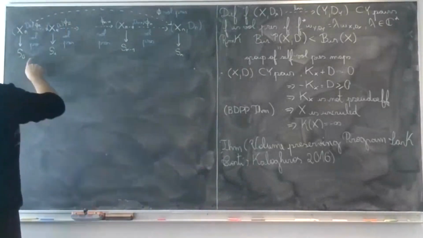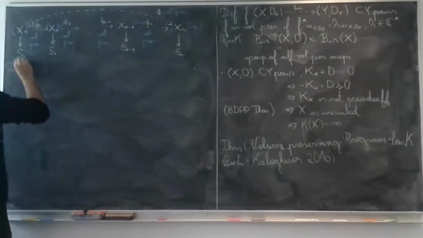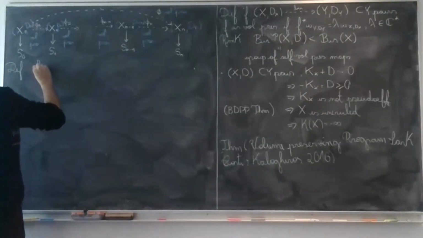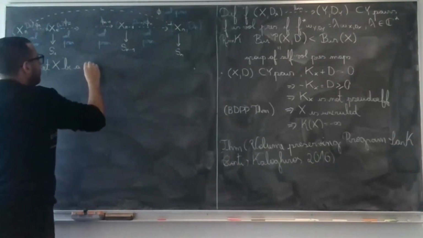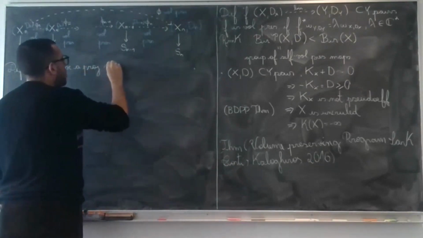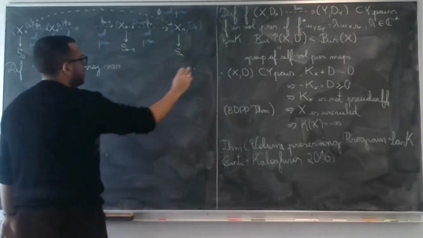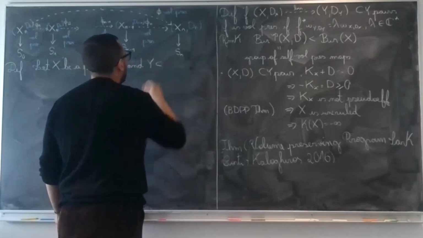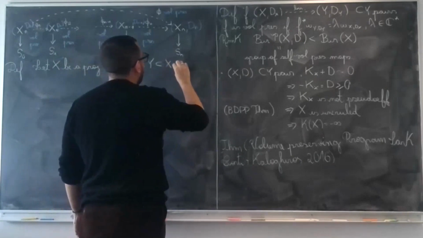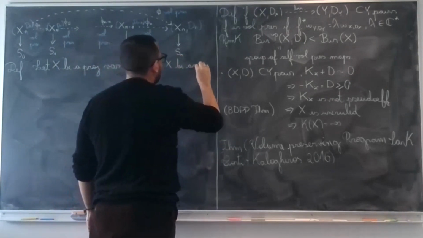So now let X be a projective variety, and Y be an irreducible subvariety.